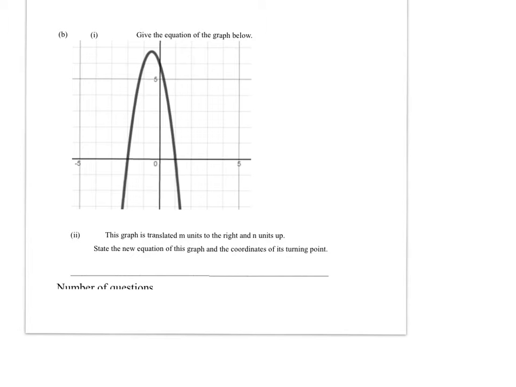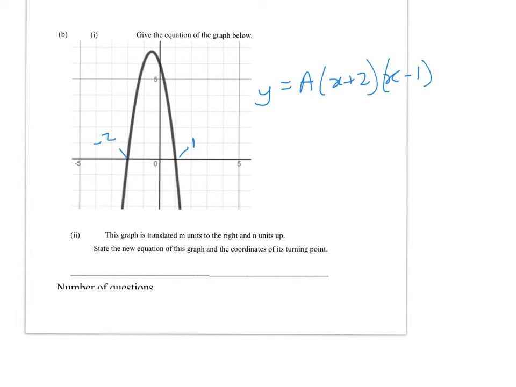This graph is obviously quite a narrow graph, and I know my intercept here is at 1 and here it's at -2. So my equation, you know how to do that. Y equals some number, and I must have x plus 2 and x minus 1 in the factorised form.